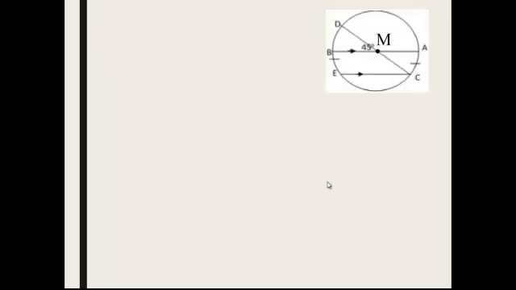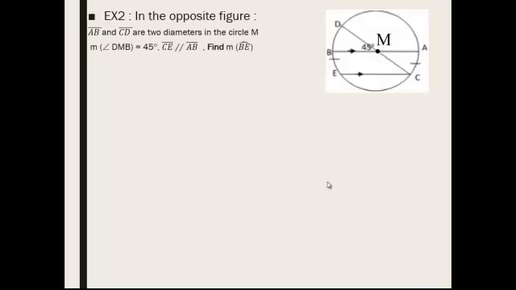Another example. In the opposite figure, AB and CD are two diameters, the measure of angle DMB equals 45, and CE is parallel to AB. Find the measure of arc BE.